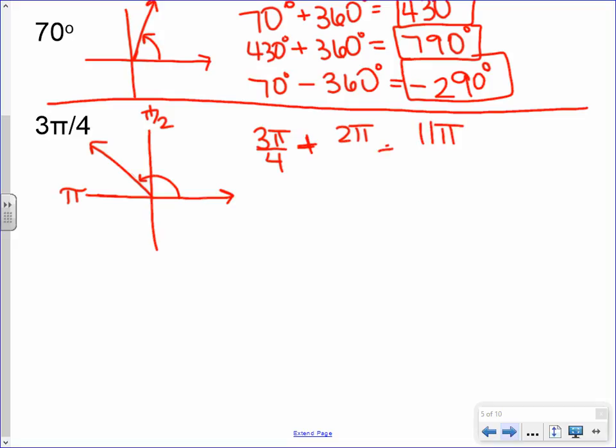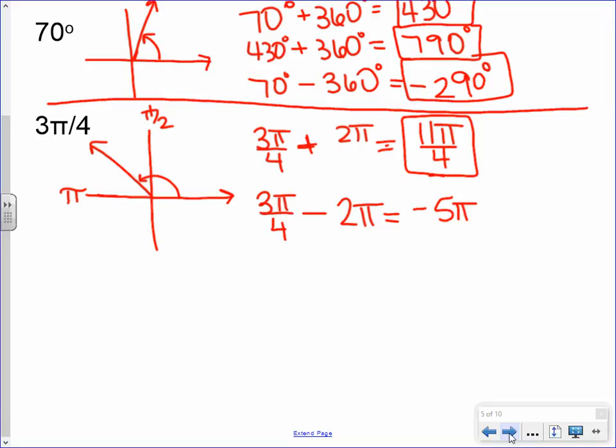So 11 pi over 4 is a coterminal angle. Okay? We could also take 3 pi over 4 and subtract 2 pi. 3 pi over 4 minus 8 pi over 4 would give us negative 5 pi over 4. That would be another coterminal angle.